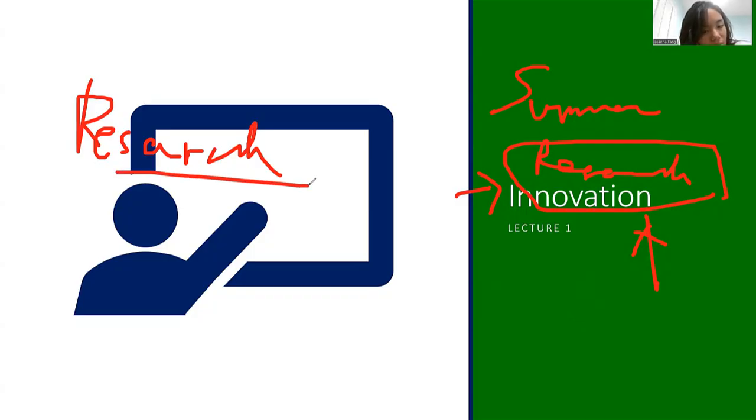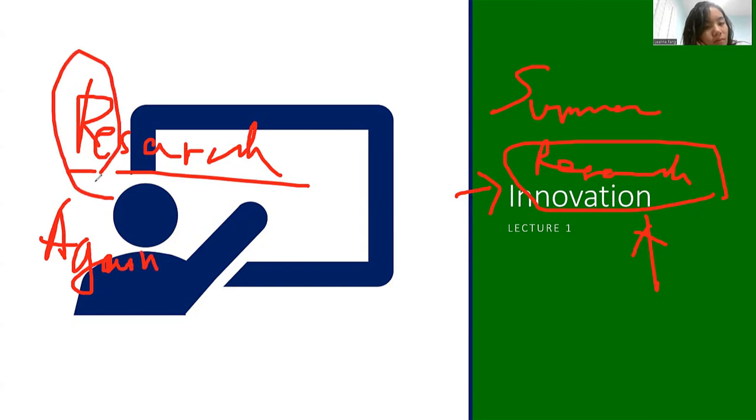Research is searching. Re is again. This word root re means return, again. So research means that you search and search, many, many times, again and again, to do searching. Searching for what?